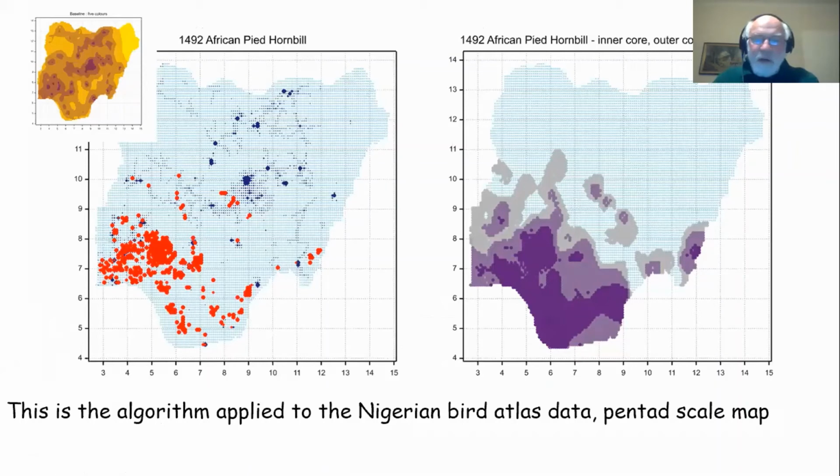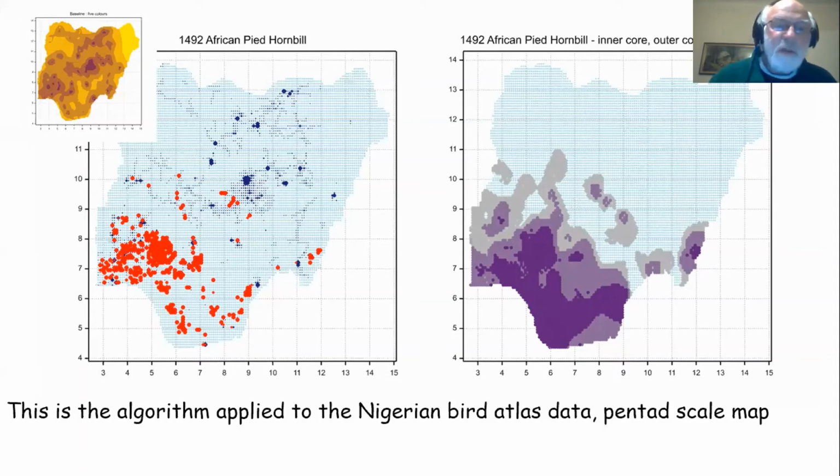Now we go to Nigeria, and I've applied the algorithm to a whole bunch of Nigerian bird species. This is at pentad scale. So the left map shows the distribution of atlasing.